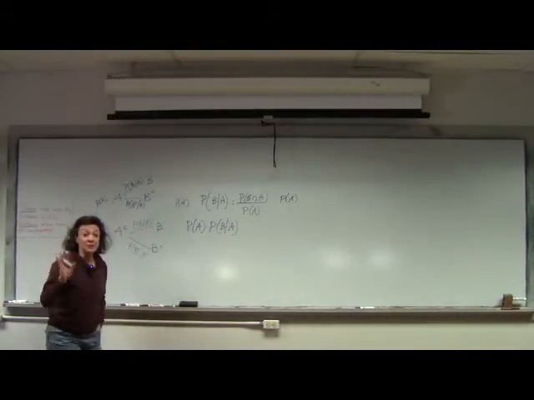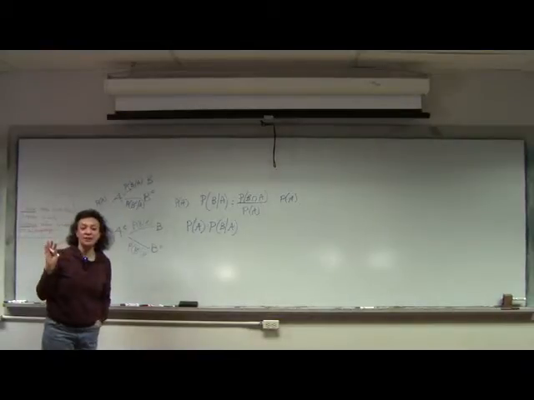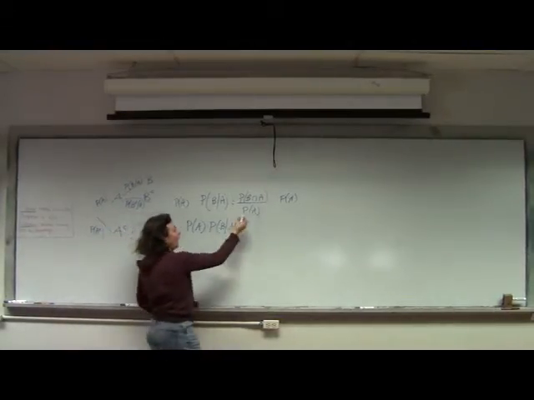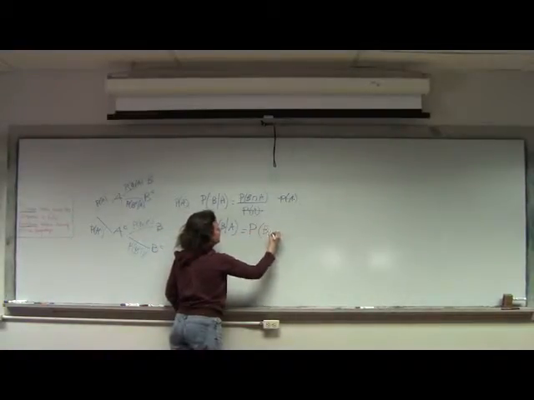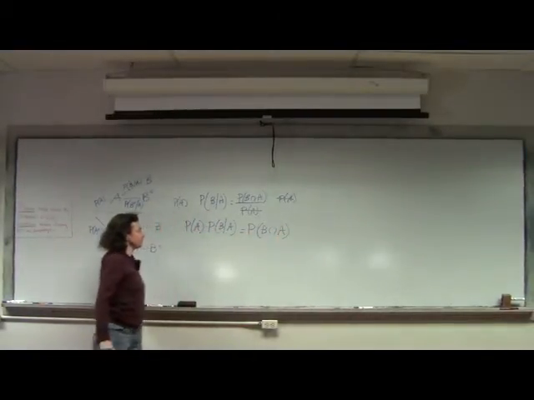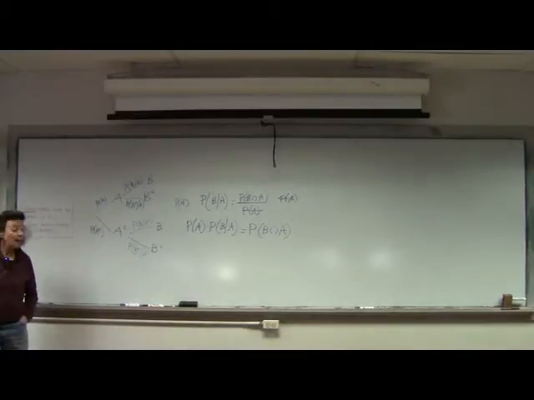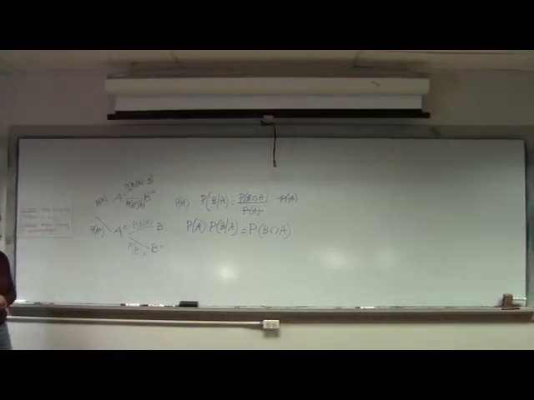Don't worry about the notation. I just like to show you where things come from. On the right, these cancel, and aren't we left with the probability of the intersection? Yes.